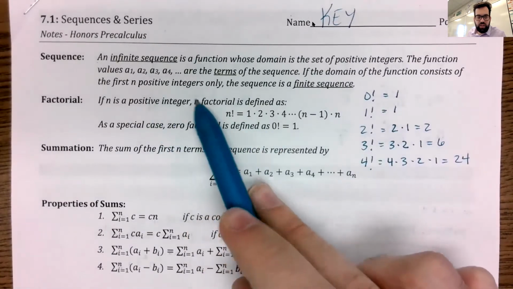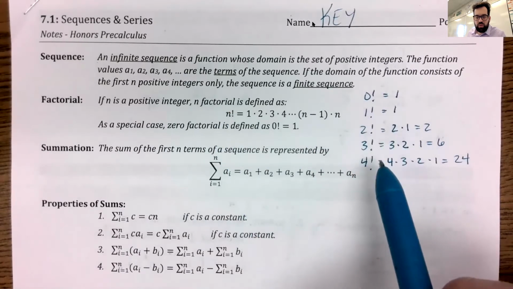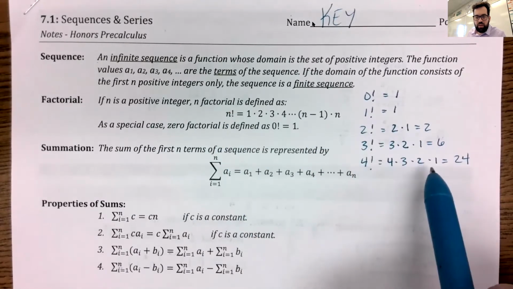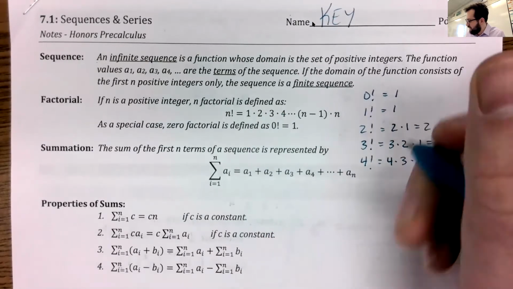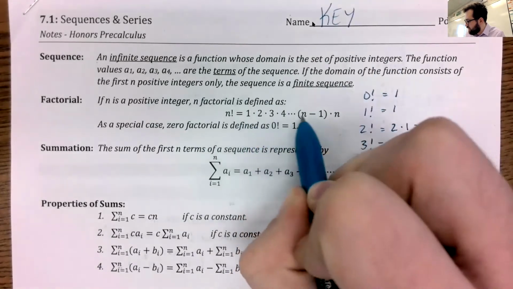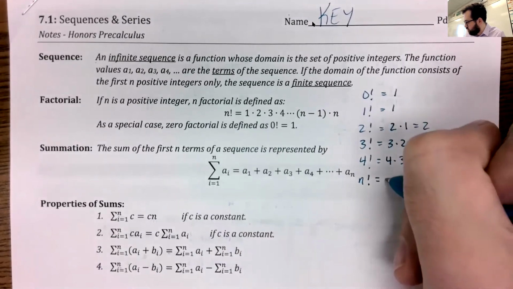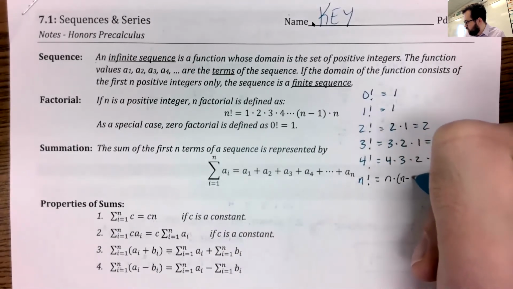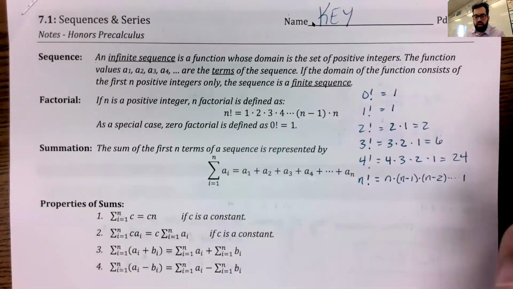Any positive whole number n, factorial, you just multiply all the numbers from that number down to 1. If the number is referred to as n, we usually list it out like it says on here. It'd be n times n minus 1 times n minus 2, etc., all the way down to 1.